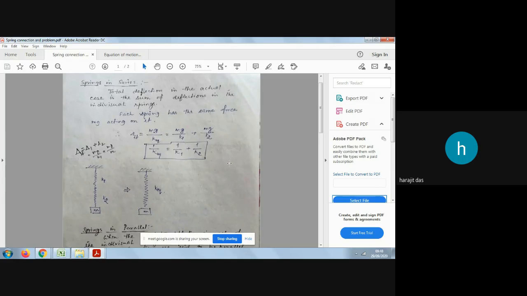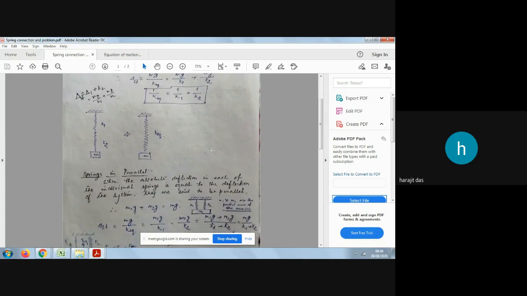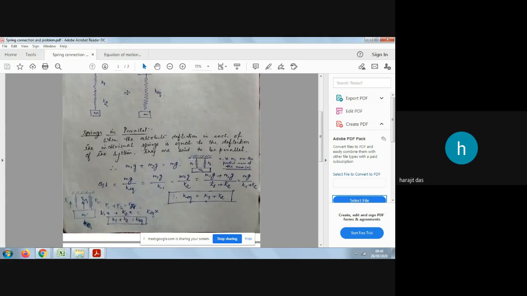Now, springs in parallel. You can see this is the parallel connection system. Here the total delta, when the two springs having stiffness K1 and K2 are connected, the total deflection of the mass will be equal to the individual displacement of the two springs. Means delta equals delta 1 equals delta 2.